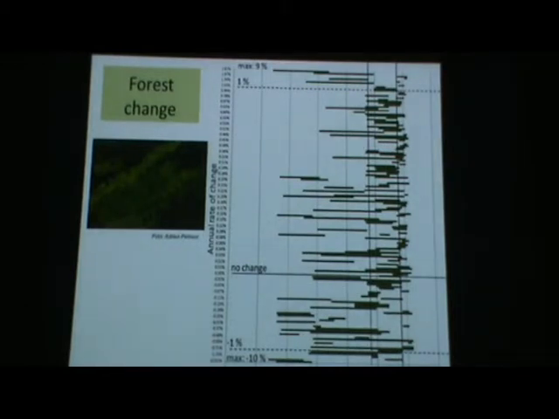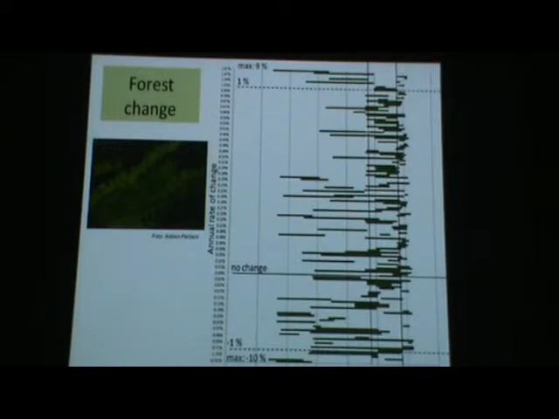This here is forest cover change in the Carpathian area. Don't be put off by this graph, which looks a little bit confusing. Basically here we've got a timeline starting in the 1700s, reaching up to now.